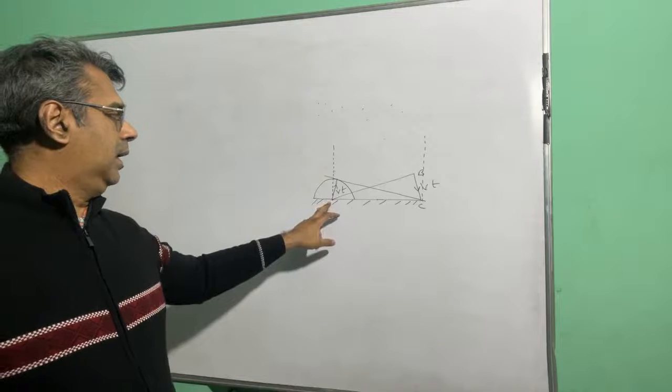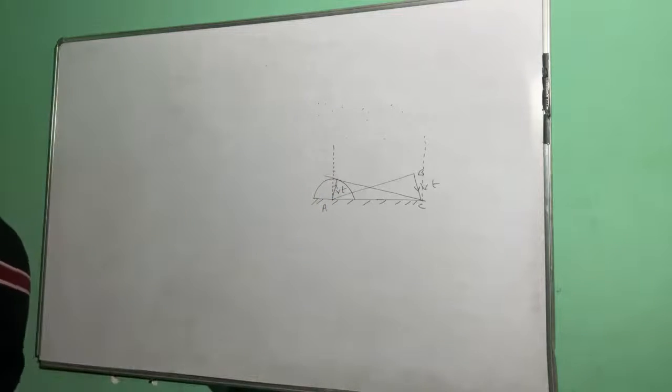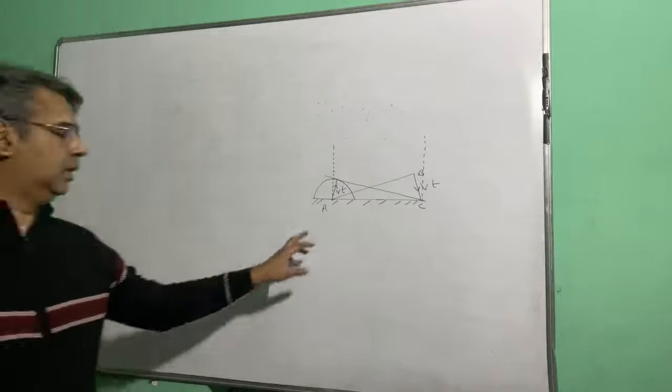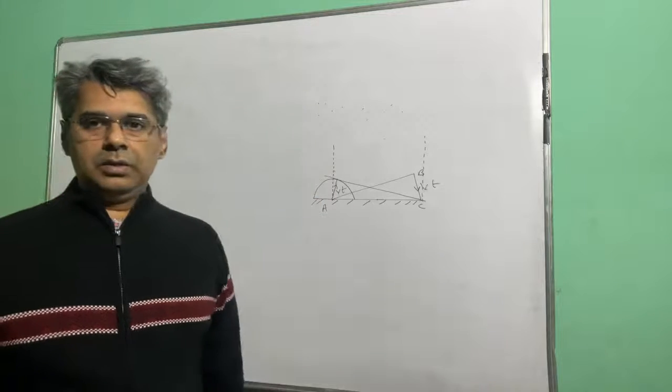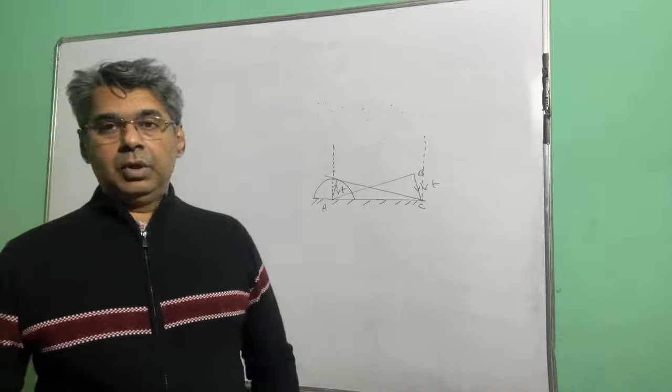So taking A as center and V t as radius, you draw the wavelet.